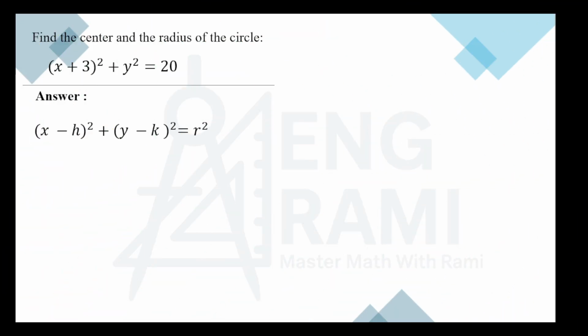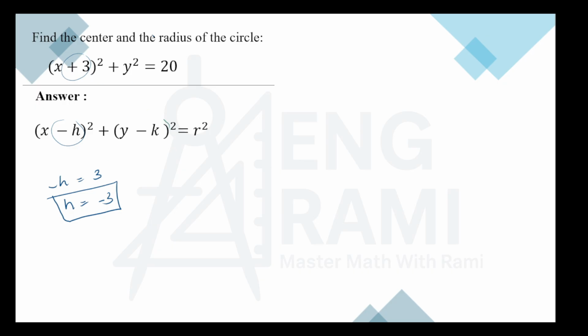Another example. Find the center and the radius of the circle x plus 3 squared plus y squared equals 20. As before, first thing, you have to write the equation of the circle. And from here, minus h equals 3. Then h equals minus 3. This is the x coordinate of the circle.